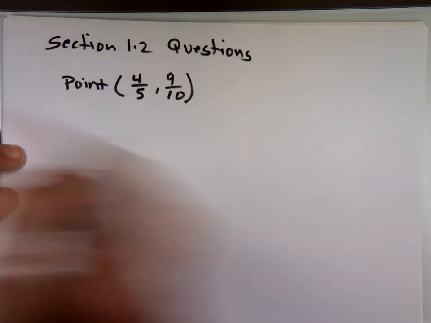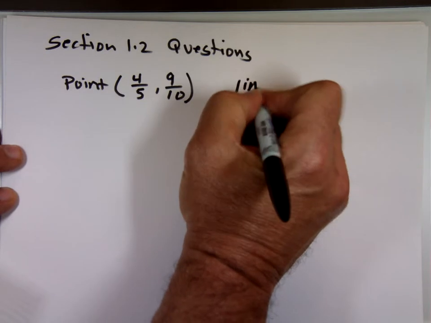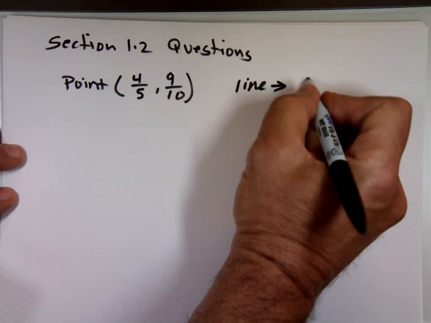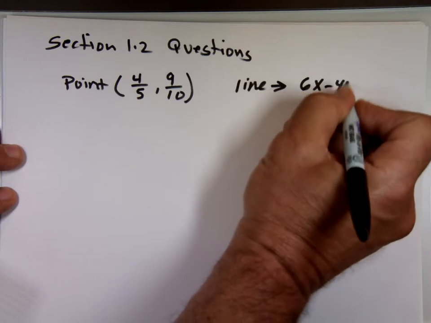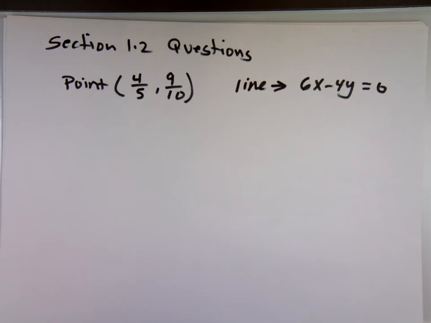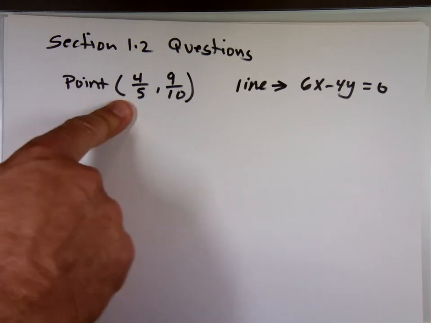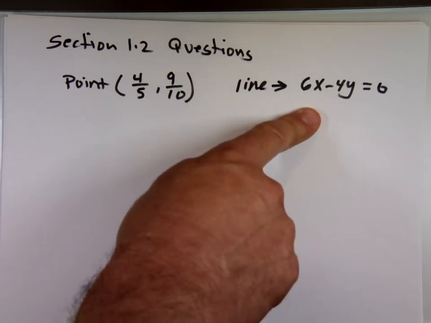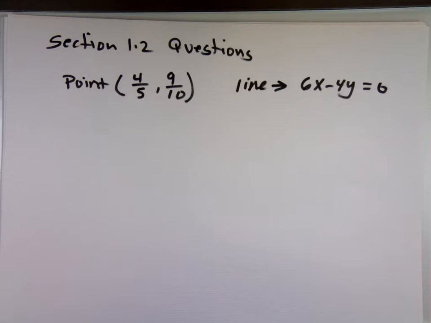And we have a line, 6x minus 4y equals 0. The first question: write the equation of the line through the given point and parallel to this line. Parallel to that line.